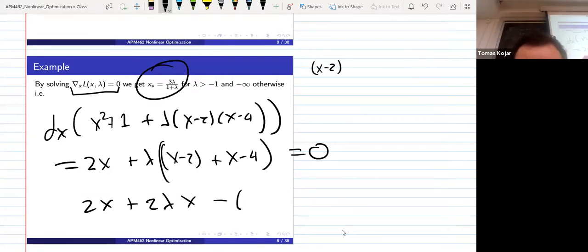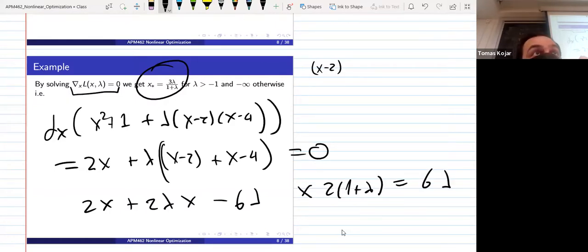Minus 6 lambda, right? And then I isolate. So here's the problem. If you isolate, you have 2(1 plus lambda) x equal to 6 lambda. Now I cannot divide unless lambda is not minus 1, right?